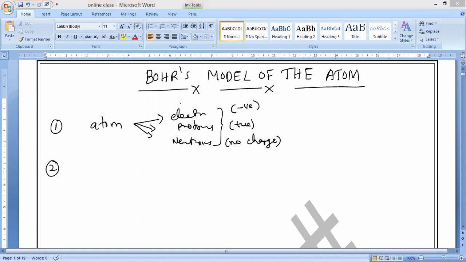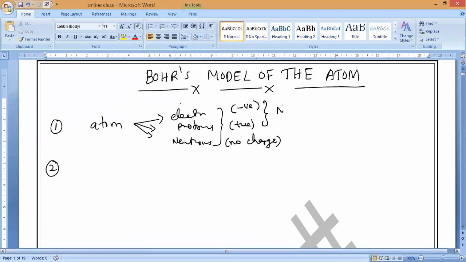And also you can take the presence of an equal number of negative electrons and an equal number of positive protons. The atom as a whole is what? Electrically neutral. That is more important. The number of protons is equal to the number of electrons. Because of this, is the atom a charged particle or a neutral particle?